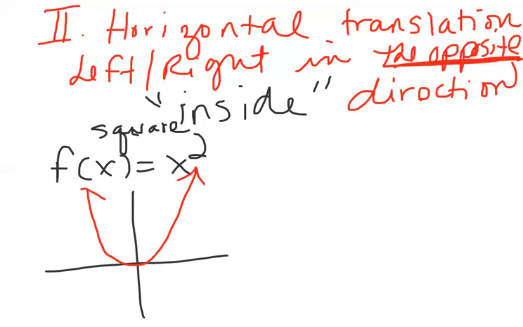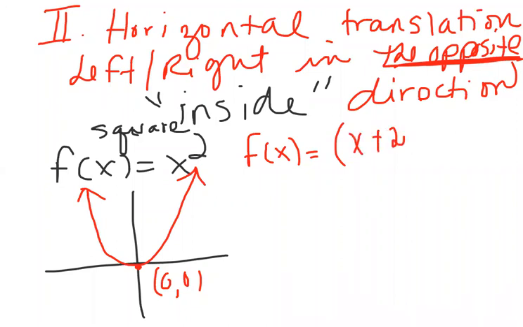It's a quadratic, your vertex located at 0, 0. Now, if I want to affect the horizontal part of this graph, I'm going to make the changes inside the function, as in inside the square. So rather than adding 2 or subtracting 2 from x squared, it's going to be inside the function. So I'm going to do something like this, x plus 2 inside the parentheses.